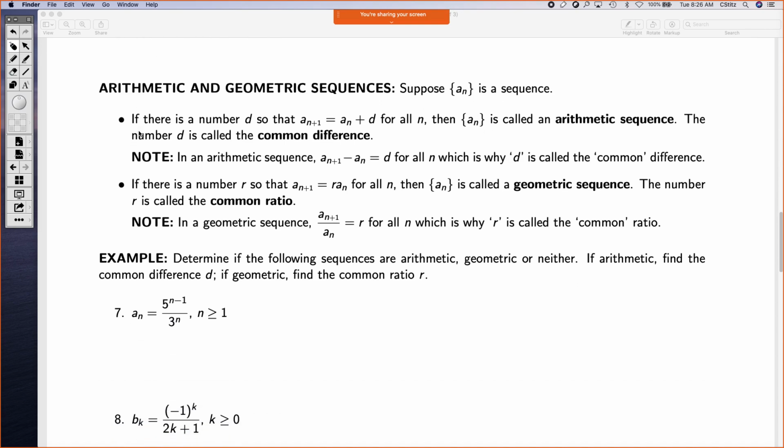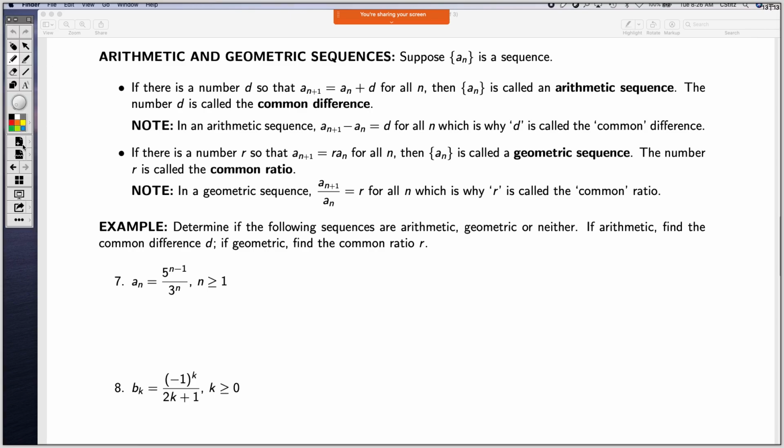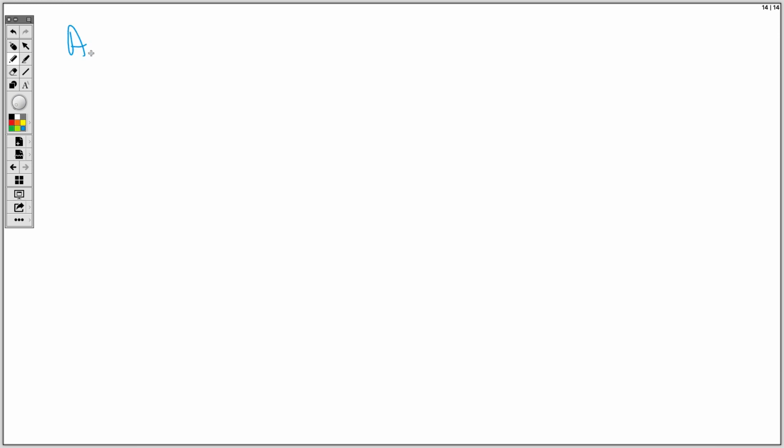All right, let's talk about two basic types of sequences. And these tie back to two basic types of functions. The first type of sequence we call an arithmetic sequence. Here's what an arithmetic sequence is.